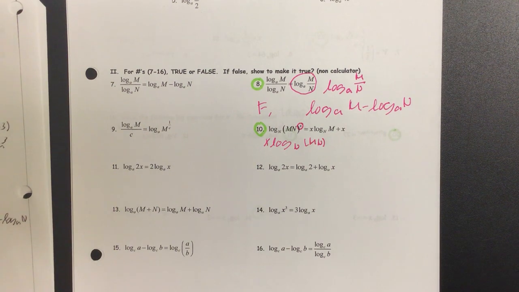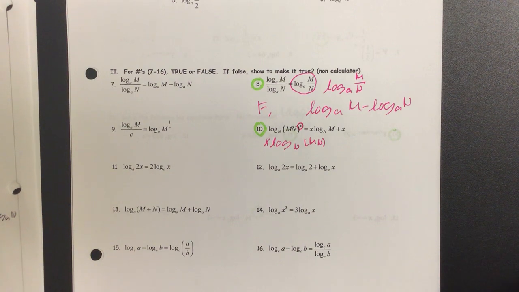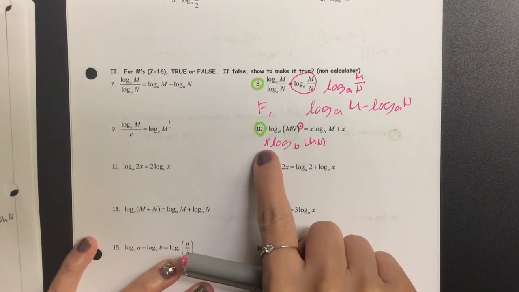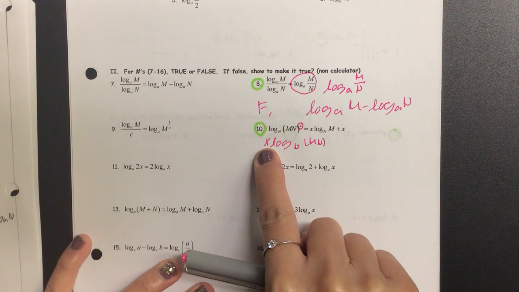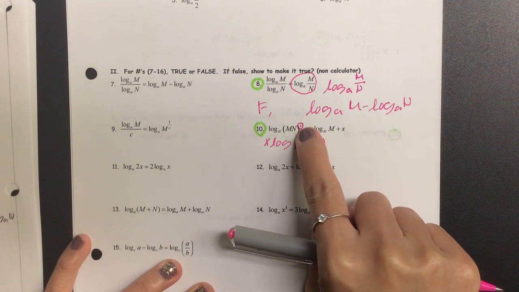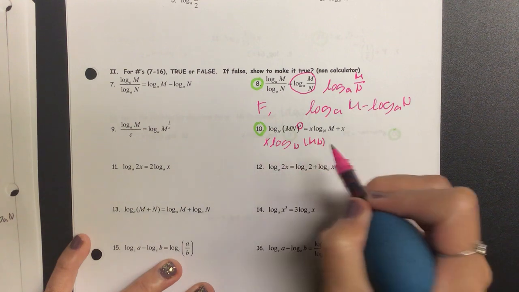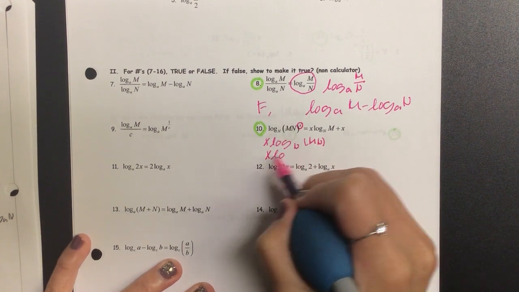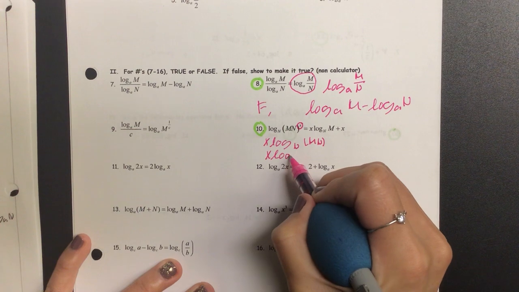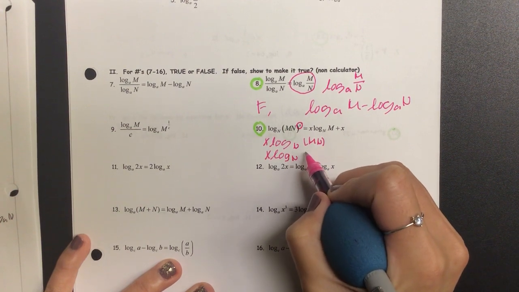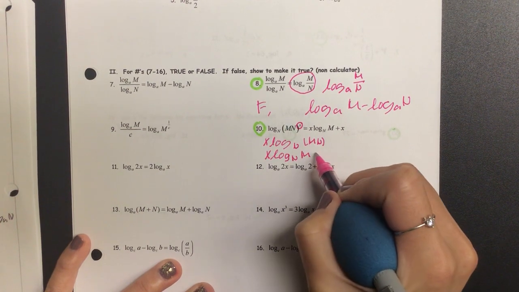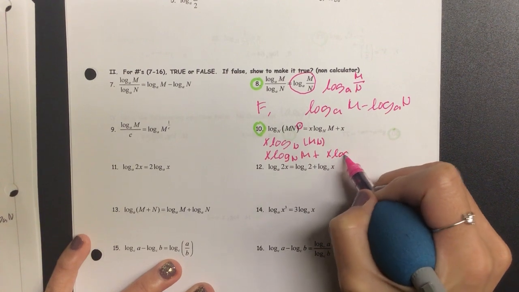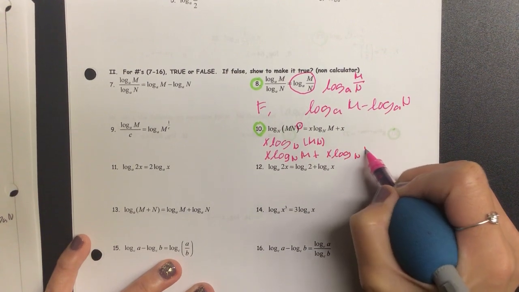Addition. Now, when we are doing the addition, should I take that x along with me when I separate it? Wasn't it all over a while ago? So let's put it together. So we have x times log base n of m, and then plus x times log base n of n.